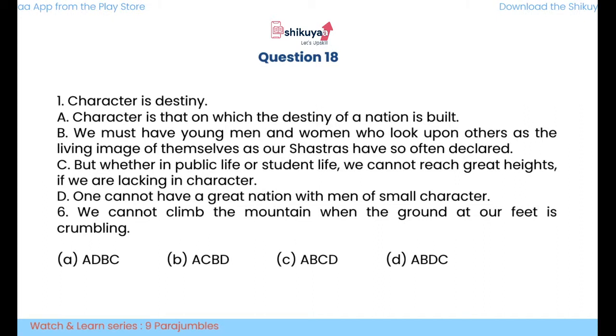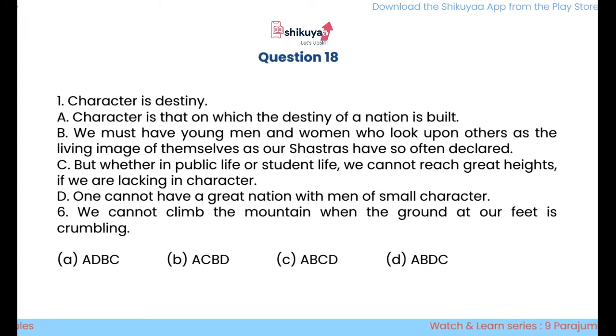Still I can consider this because B and C make a pair. A and D can go with the logical sequence, that is, one cannot have a great nation with men of small character. We must have young men and women who look upon others. So it can go like D and B. D and B can be the sequence.